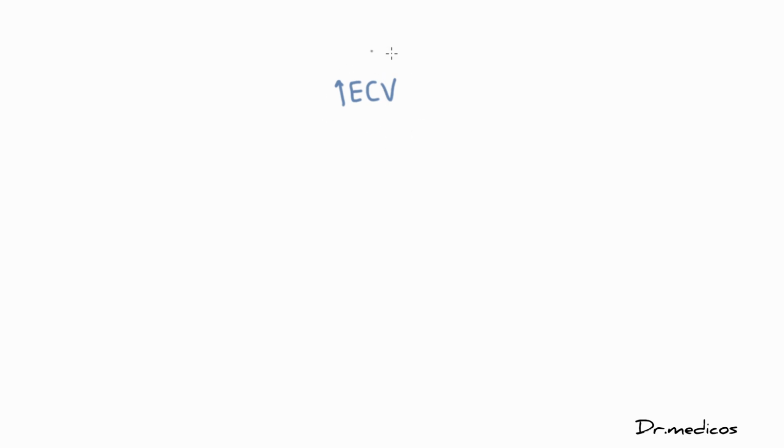So you might think that to decrease that extracellular volume, to bring yourself back to normal, maybe what you should do is excrete some water. But the problem is, if you think about it, that's going to increase the concentration of sodium.